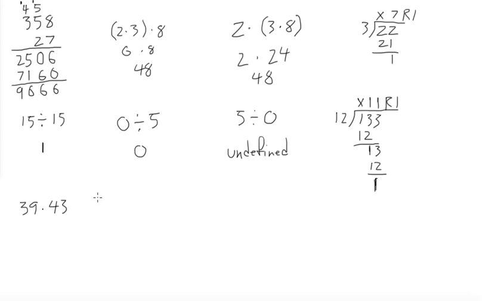And then if we multiply these together, we have 39 times 43. Now, if we want to, we could estimate, and if we estimate, that's going to be 40 times 40, which equals 1600. If we find the exact number, it is 1677.